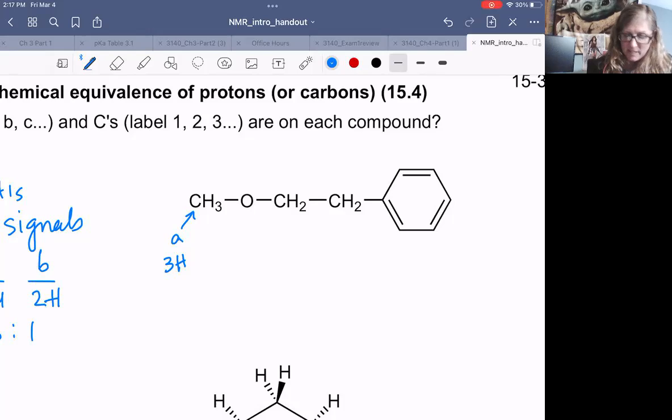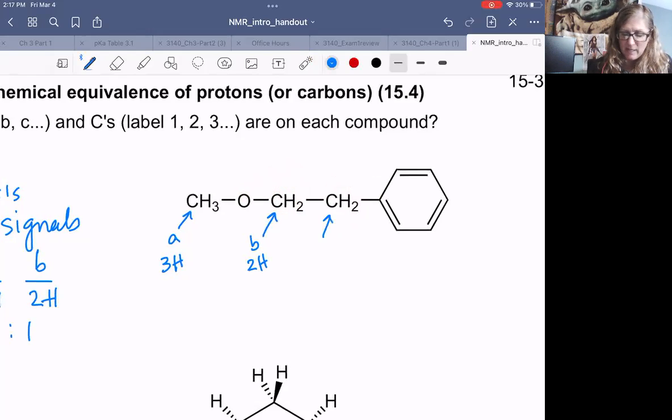And then the next one, this CH2, is unique, and we'll have 2 hydrogens of type B. And then how about the next CH2? Do you think it's going to be the same as the first CH2? Well, no, because this one is right next to a benzene ring, while this one is right next to an oxygen. And so those are unique. And so that will be type C.